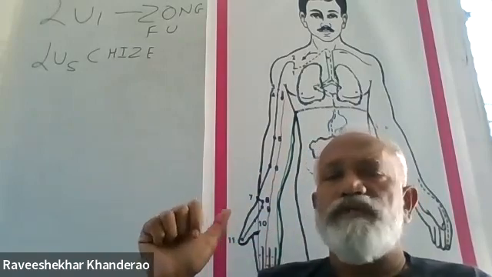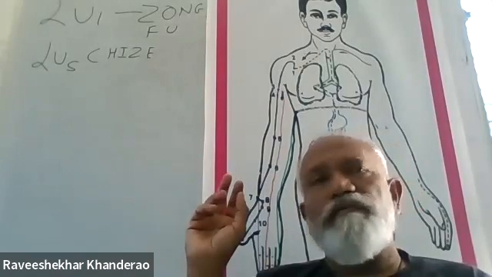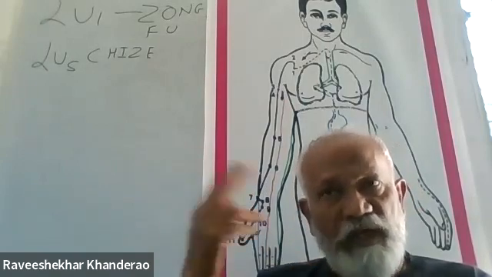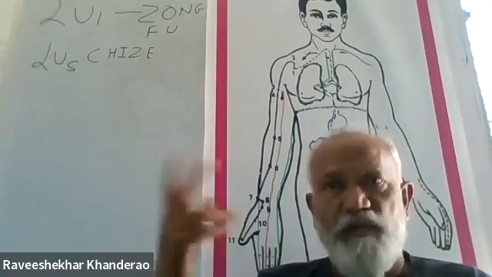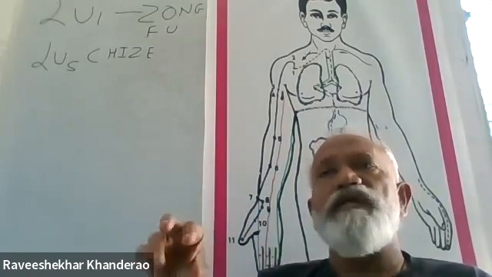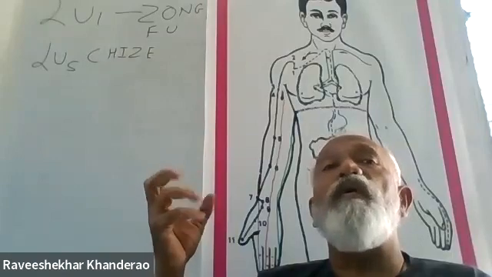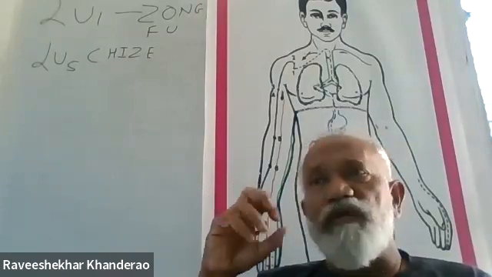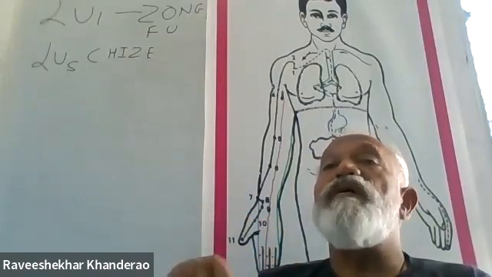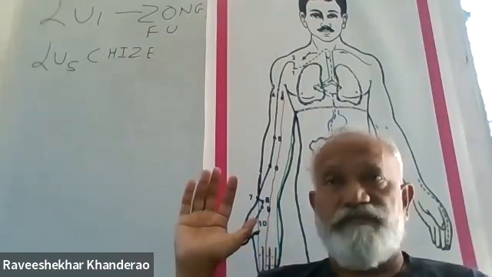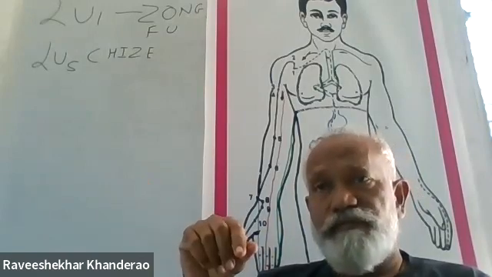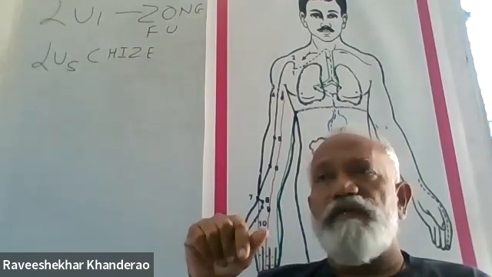Okay. So basically, the yang organs are responsible to excrete certain things from the body, and yin organs are supposed to be nutritive and holding the chi. Okay, but with the help of nutritive chi only, the yang organs do all their metabolism. So what is the yang organ here? Large intestine. Yeah.